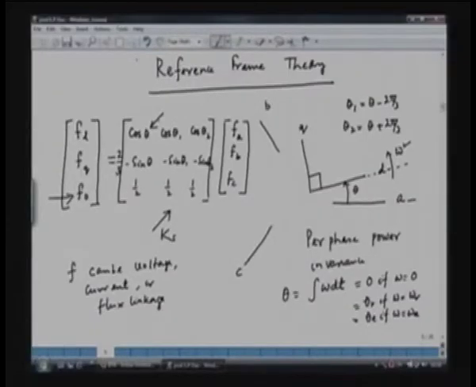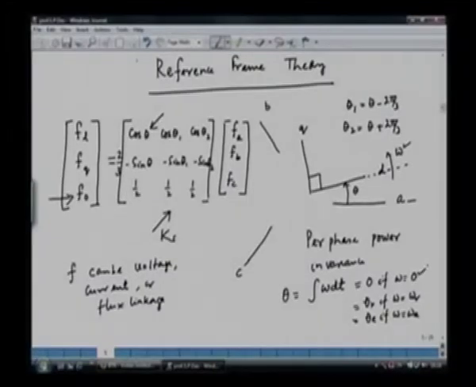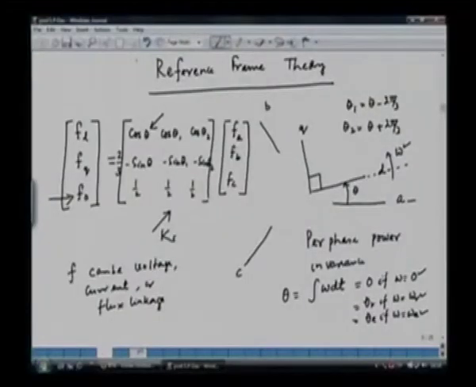So we can substitute the corresponding theta here depending upon whether it is a stationary frame or the rotor frame or synchronous rotating reference frame, and we can evaluate this transformation matrix, that is Ks, and when we have the transformation matrix, we can transform the ABC variable into dq0 variable. Okay. So this is what we wanted to discuss here.